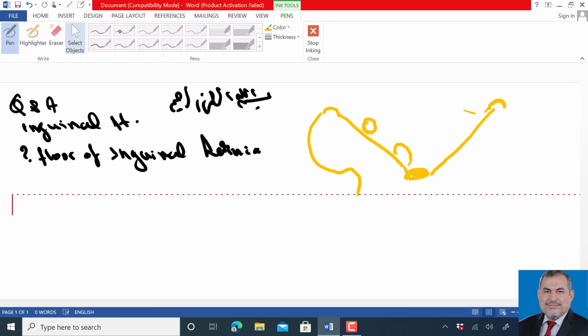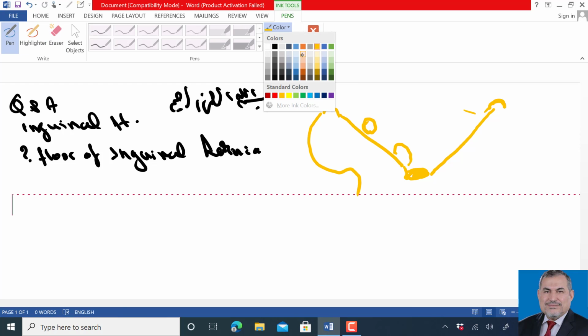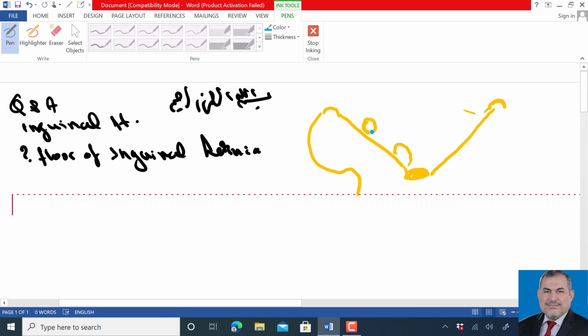What is the floor of an inguinal ligament? Here, from here to here, spermatic cord. This is spermatic cord.